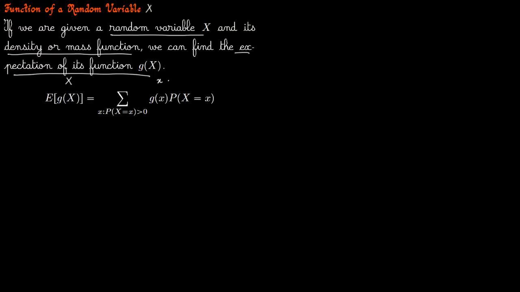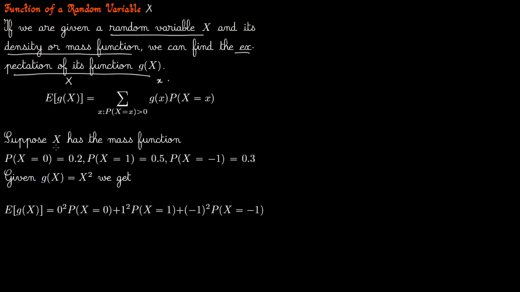So let us see this in an example which will make things more clear. Suppose that this random variable x has the mass function given to us as probability that x is 0 is 0.2, probability that x is 1 is 0.5, probability that x is minus 1 is 0.3. Say our function is g of x is x square.